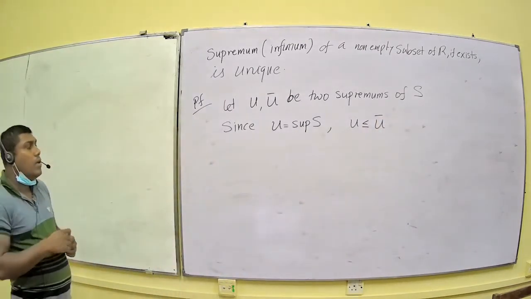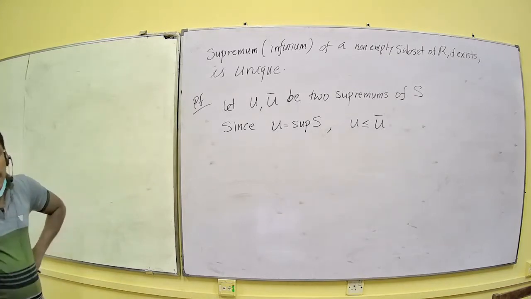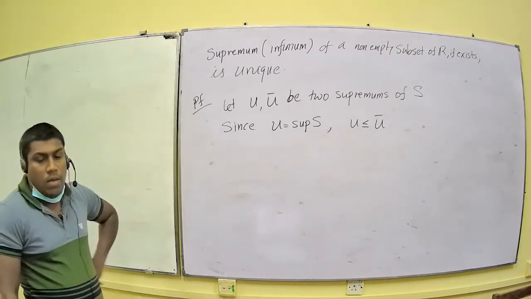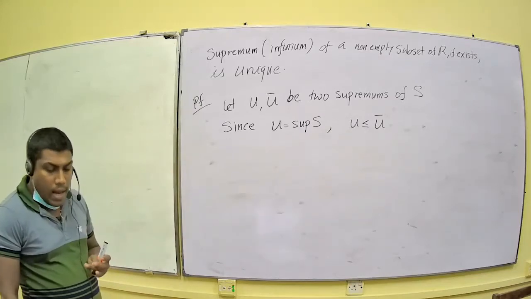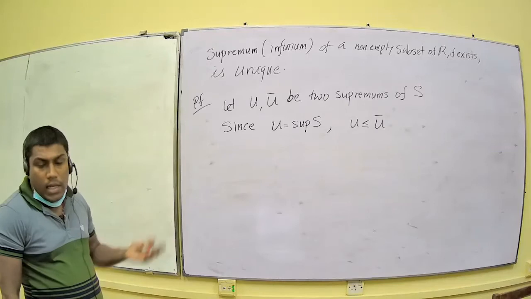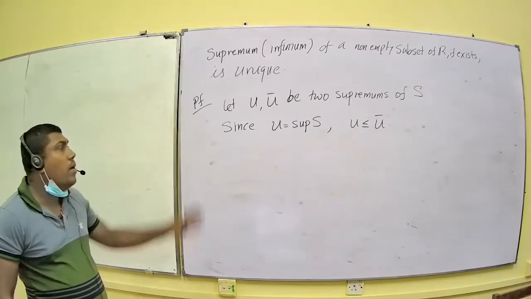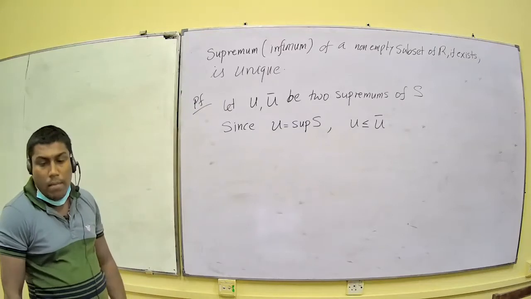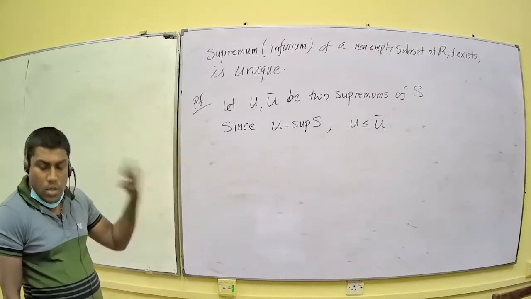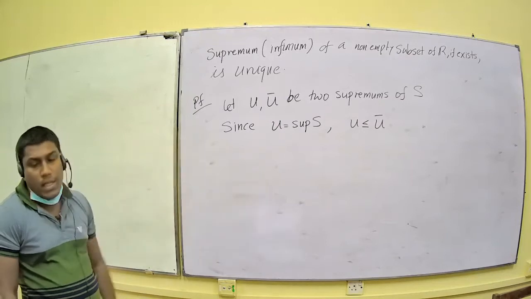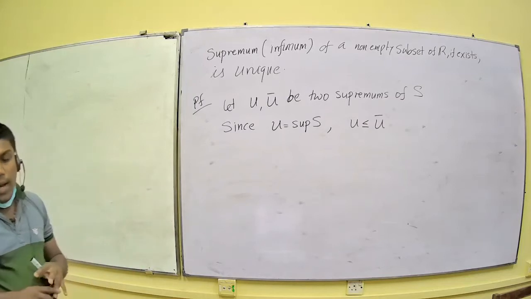Because U is the supremum of S, it should be the least upper bound. So it should be smaller than any other bound, such as U bar, which we also say is a supremum. When you take U as a supremum, it automatically becomes smaller than the other bounds.